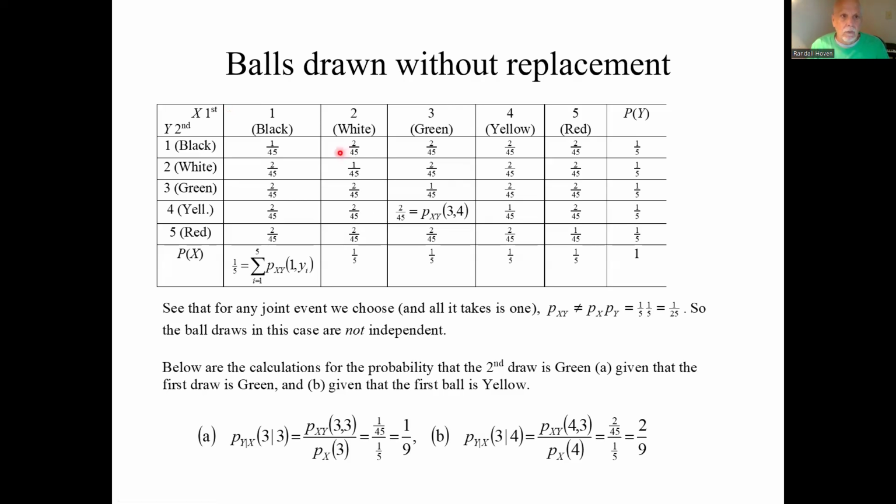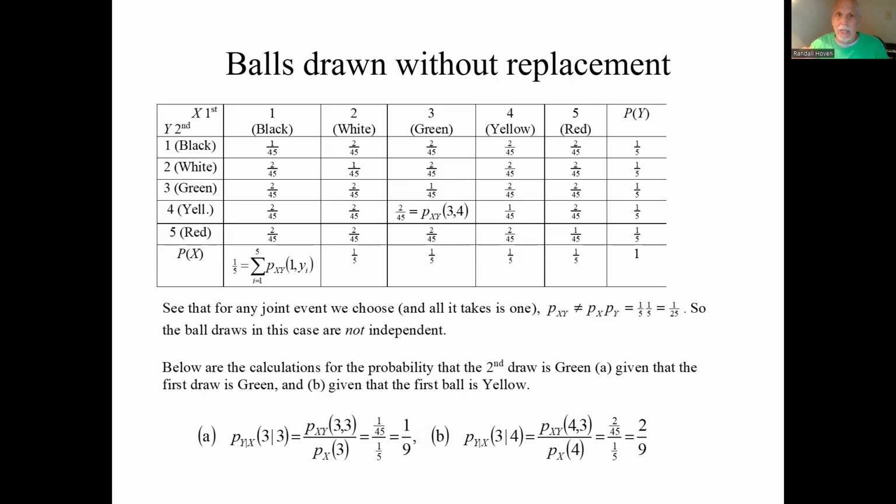And also, from these numbers, you could calculate these conditional probabilities. Here, for example, the probability that the second ball Y is a 3, meaning green, given that the first ball, X, was a 3, also green, you can calculate it. P of X, Y at 3, let's see, 3 is 1/45th, and P of X of 3 is this number here. Use the formula, it calculates to 1/9.